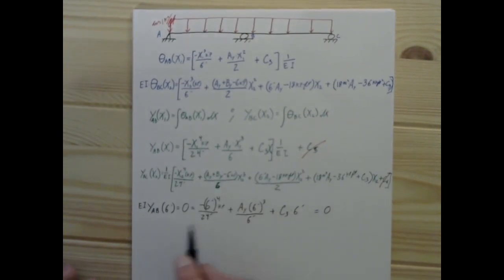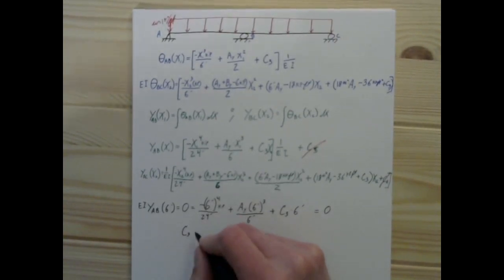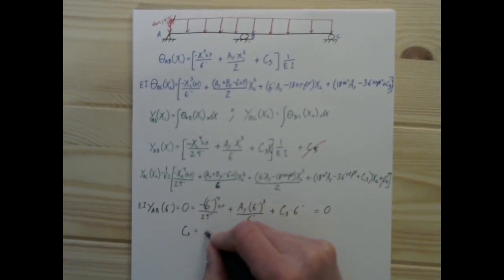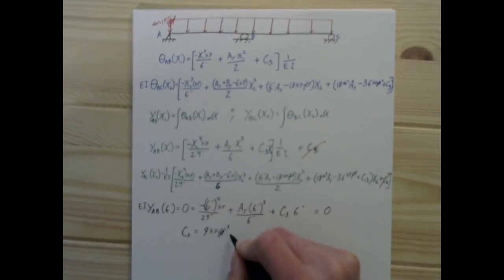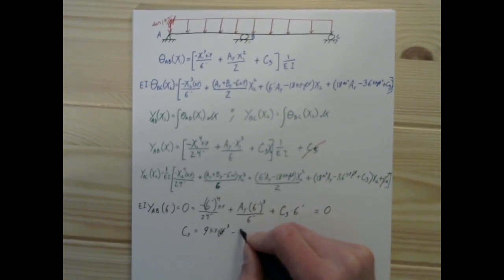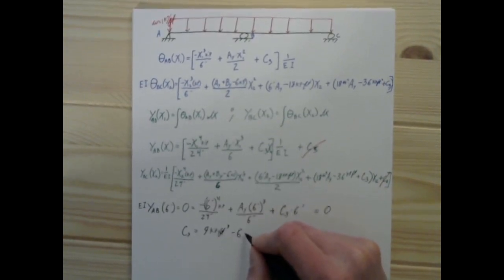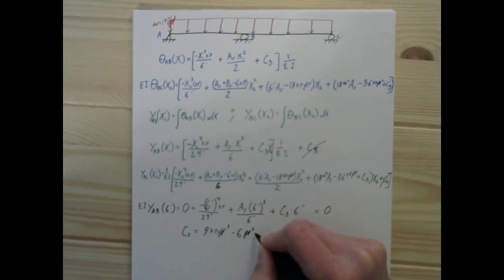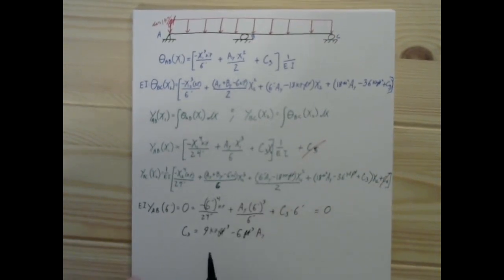Let's just rearrange this and divide that by 6 a couple times. We get 9 kip feet cubed minus 6 feet cubed times reaction AY, which I realize is not a proper number.